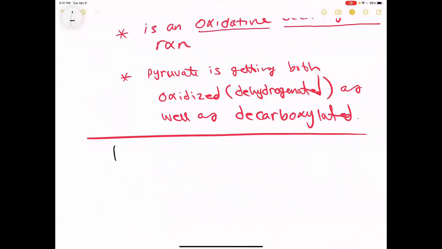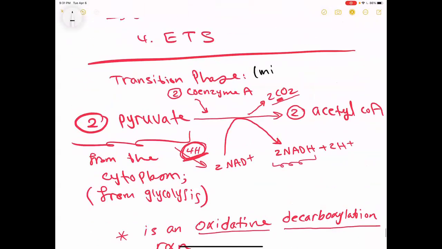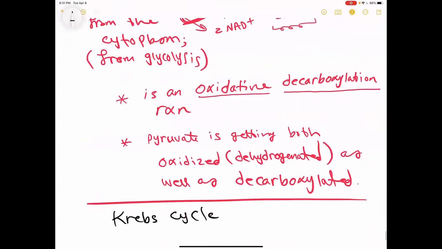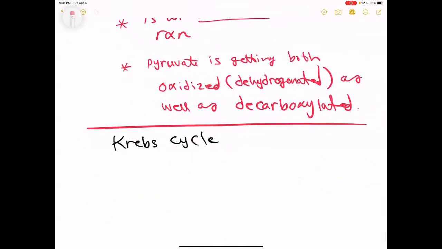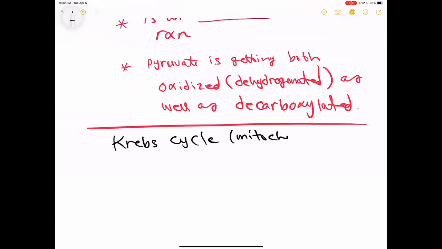Krebs cycle. What do we know? We know it's in the mitochondrial matrix, the same as this, right here, the mitochondrial matrix.